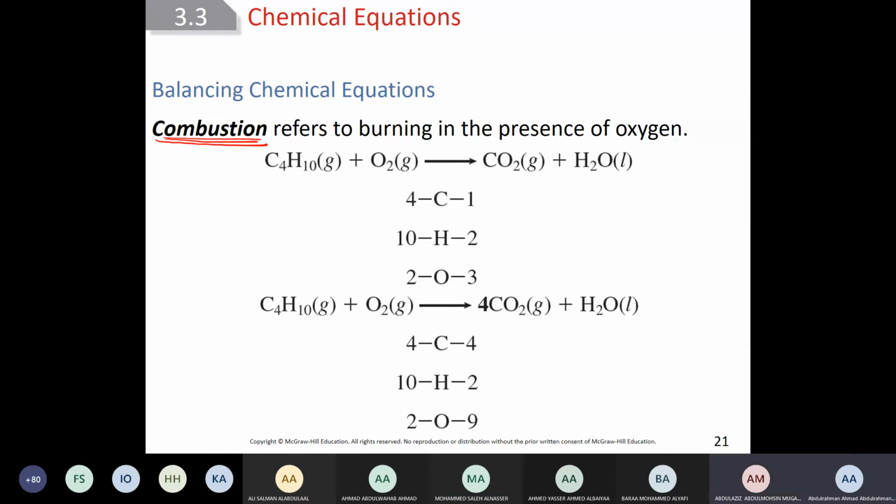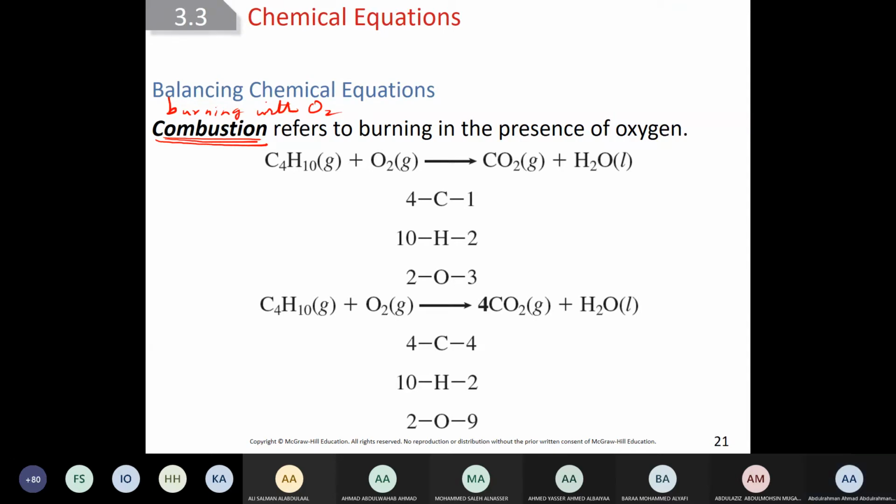Burning with oxygen. So we are now burning C4H10 with oxygen to make CO2 and H2O.